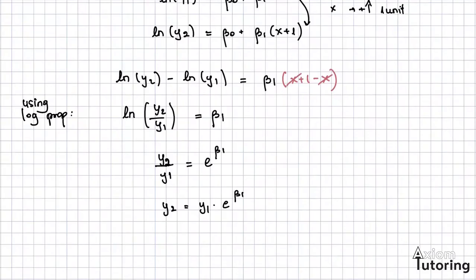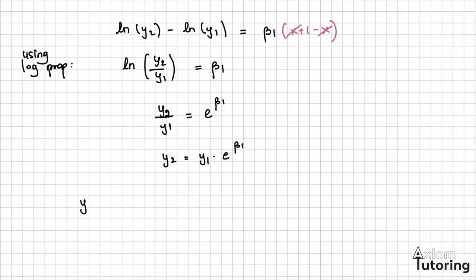Now, if we wanted to compute the exact percentage change, we would normally have y2 minus y1 divided by y1, not just y2 over y1. But now we know what y2 is, because we just found a relationship between that and y1. So we can write this as y1 times e to the power beta 1 minus y1, divided by y1.